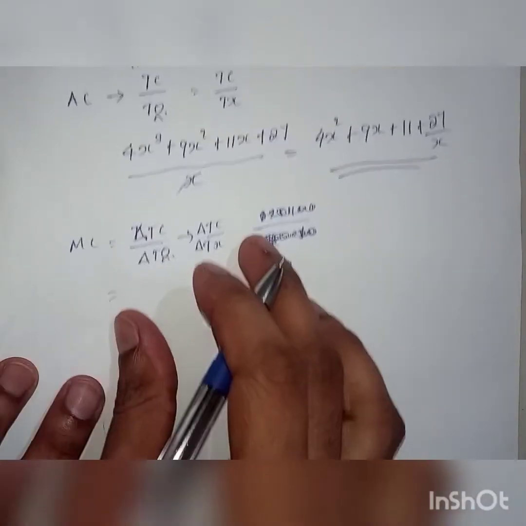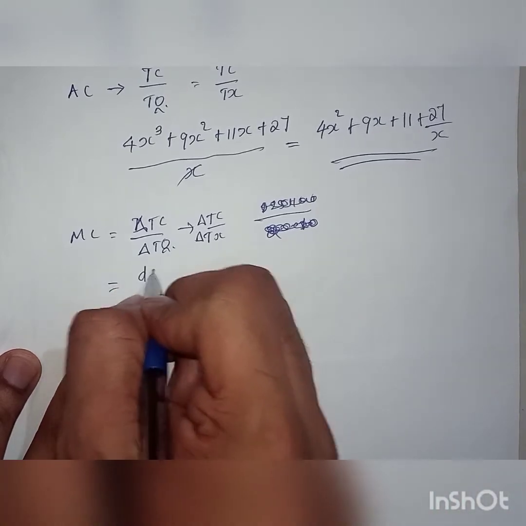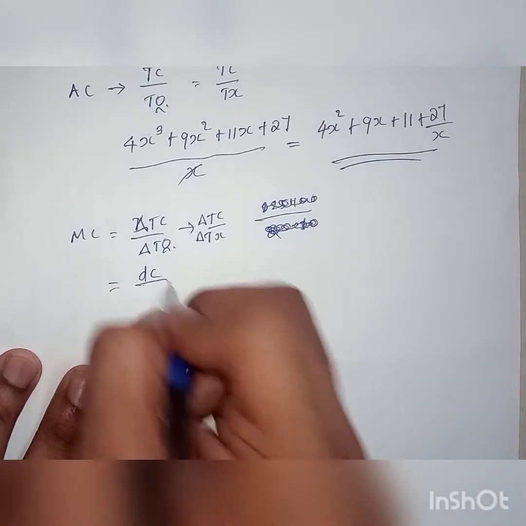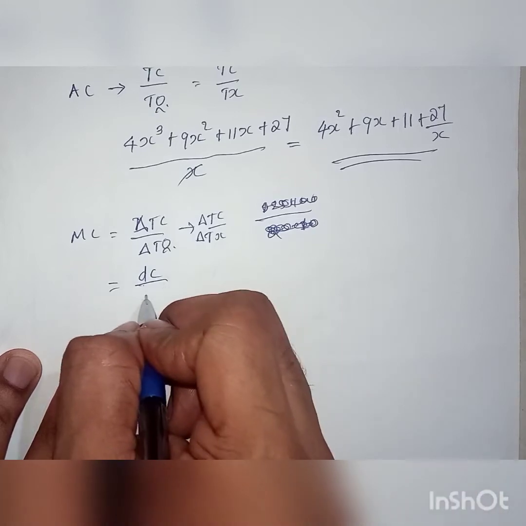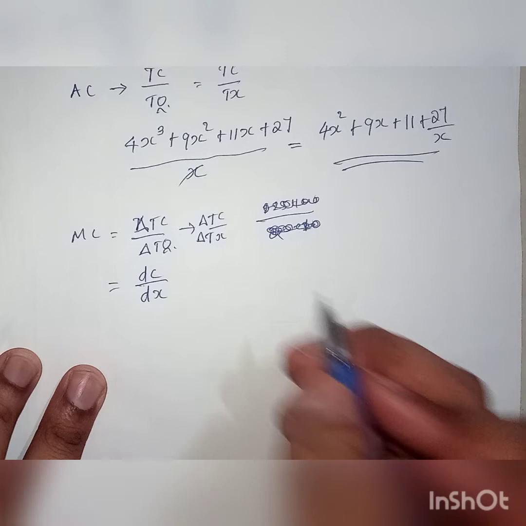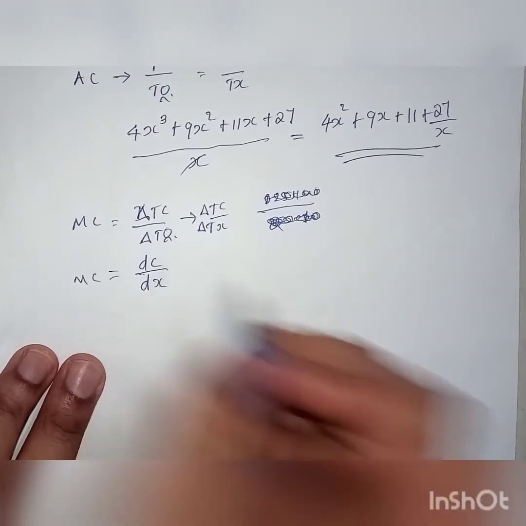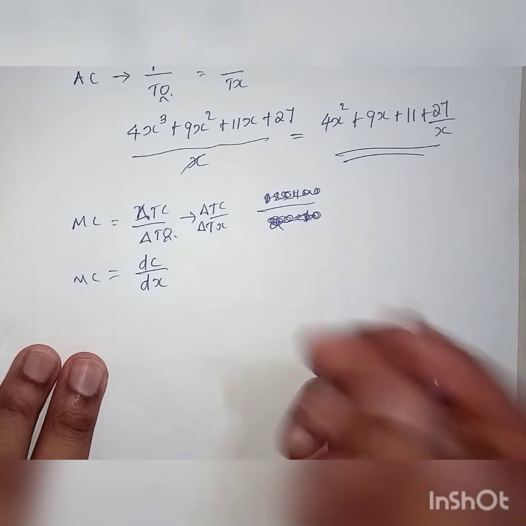Instead of change in total cost, we write dC, the derivative of cost, and instead of change in quantity, dx, the derivative of quantity. dC by dx is the marginal cost. So we use this technique to find marginal cost.